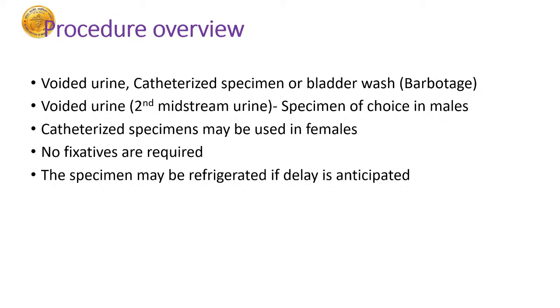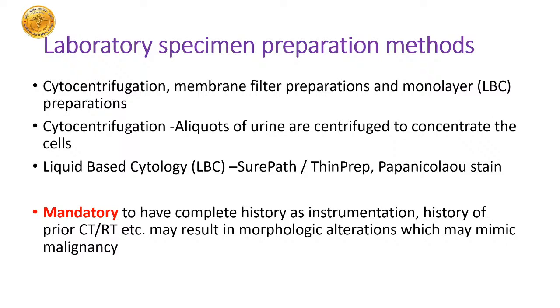For voided urine, not the first morning sample; that is not what is important. We need to examine the second midstream urine sample from patients, and this is the specimen of choice in males. Catheterized samples may be used in women. No fixatives are required if we are going to examine the specimens immediately, and if we anticipate a delay, the specimen may be refrigerated.